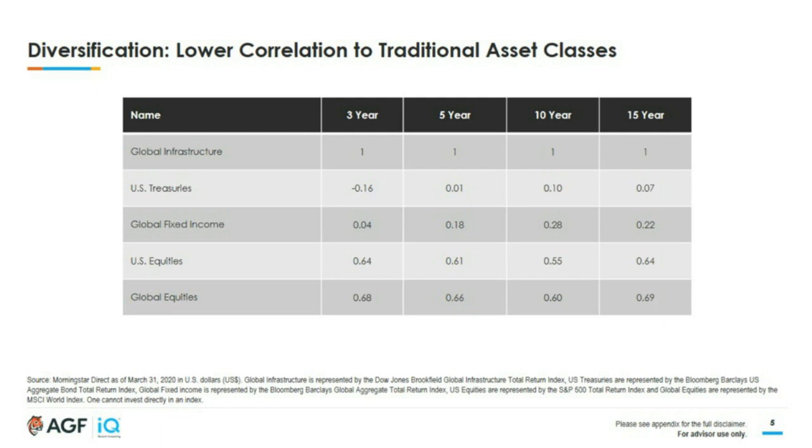It is very much complementary to your existing fixed income, but also very complementary to your equity portfolio. So there really is the opportunity for both, depending how you want to structure your portfolio, because of the versatility of infrastructure stocks and the fact that they have lower correlation to both the equity and the fixed income market.